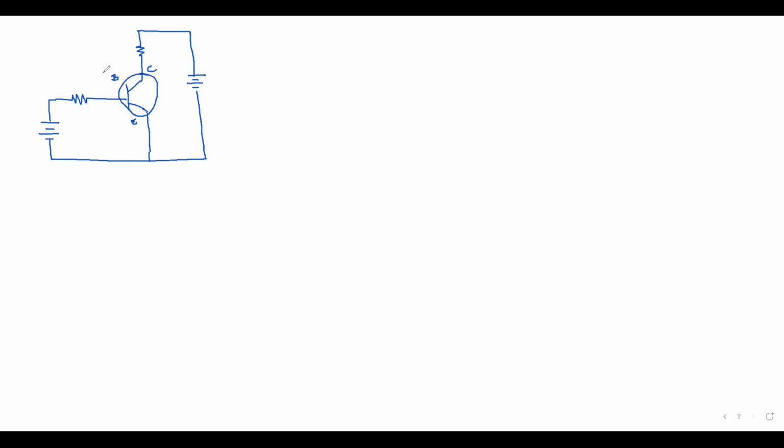So in this case, this is your base, this is your emitter, this is your collector. I will be changing colors every now and then so that you can see clearly. In this case, this is your VBB, or the voltage in the base. This is now your VB.